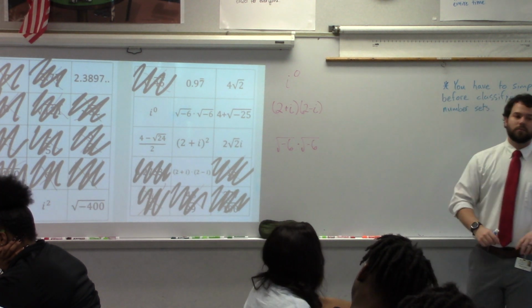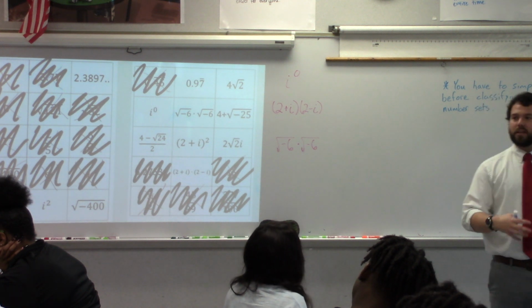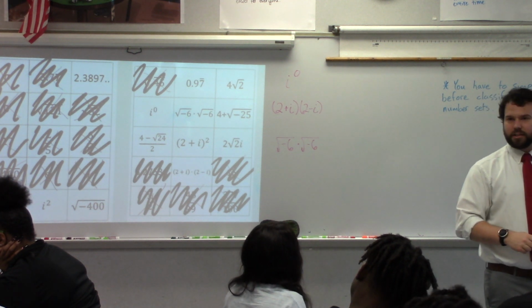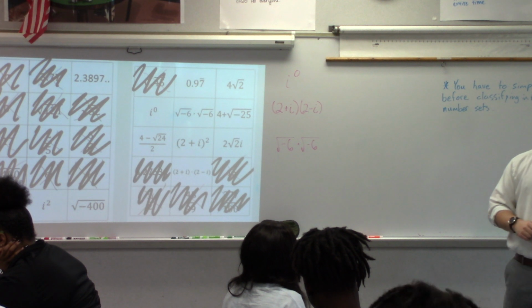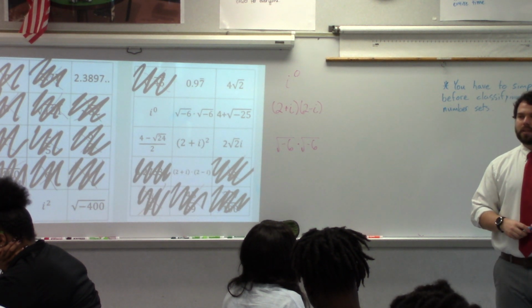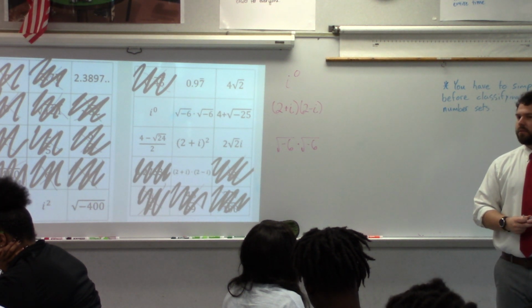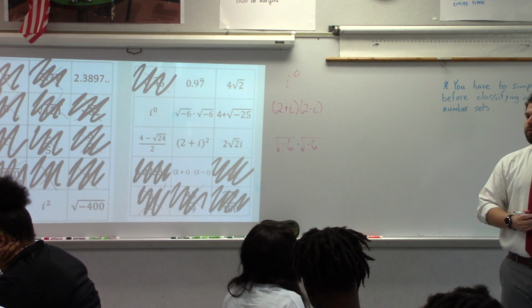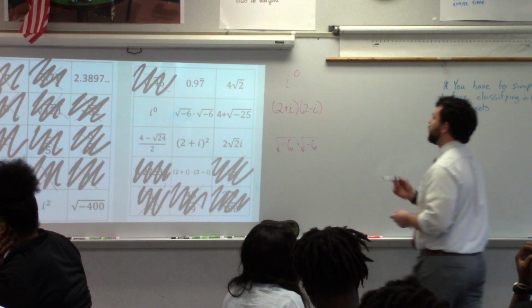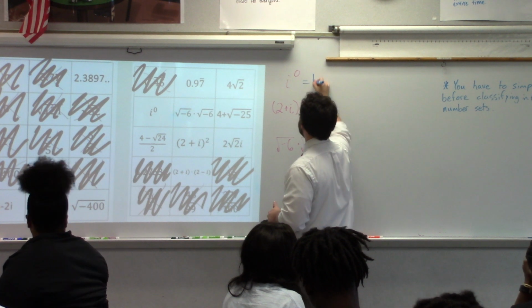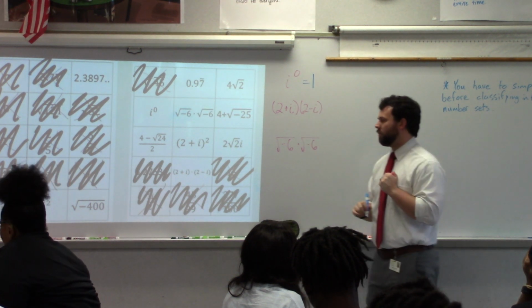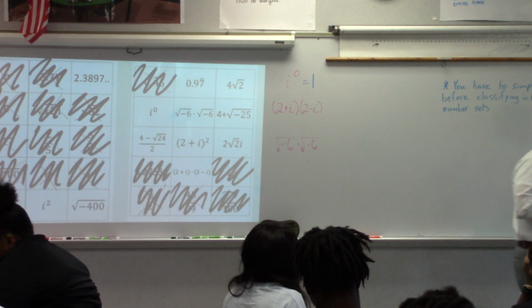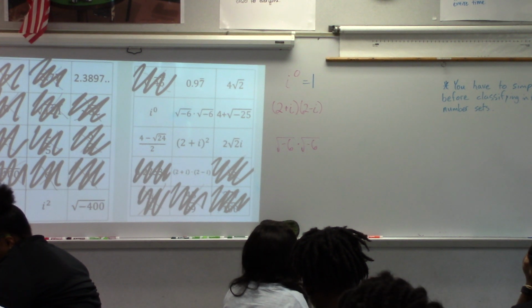Right away, it has an i there, so you might think what number set? Imaginaries, right? Okay? But is i to the 0 imaginary? No. Why not? So i to the 0 is what again? 1. So first off, is that just a natural number? Now, is that an integer as well?